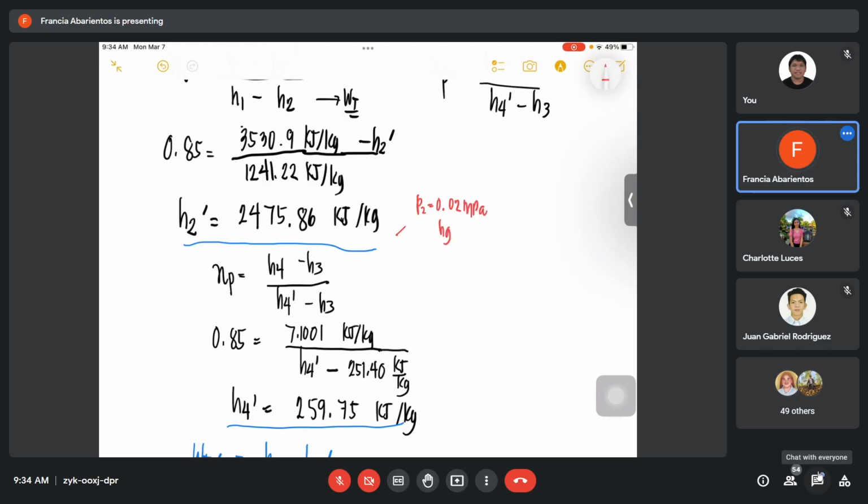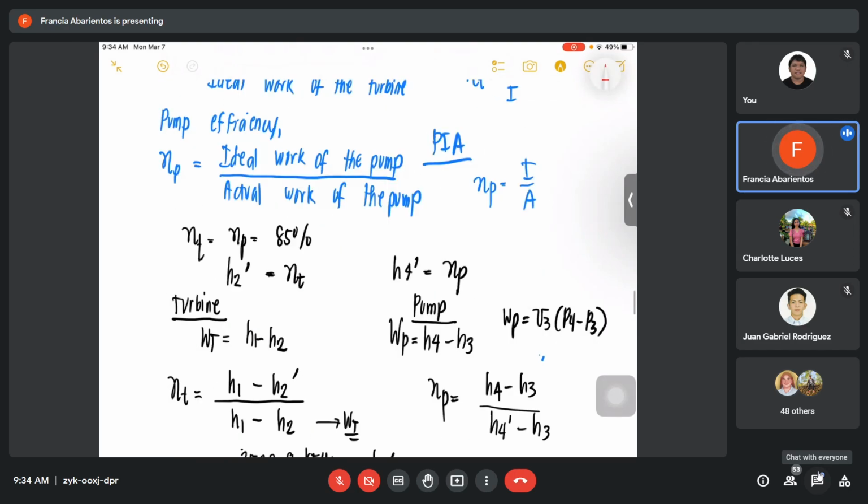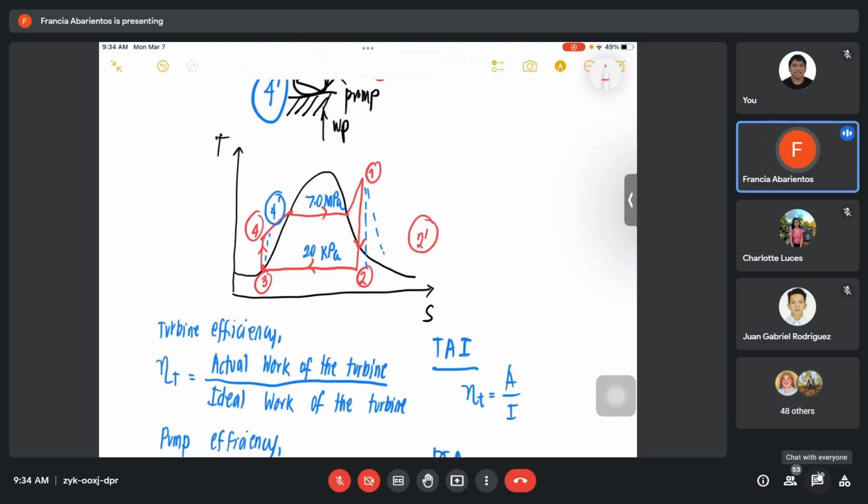Saturated table, 0.02, page 8. Our Hg is 2609.7 kilojoule per kilogram. That means our H2 prime is still inside the dome.